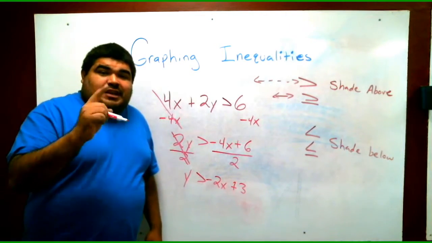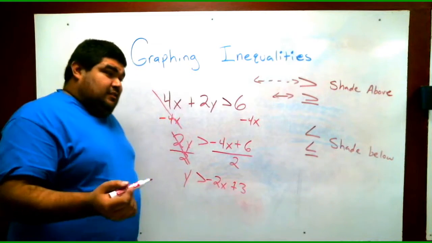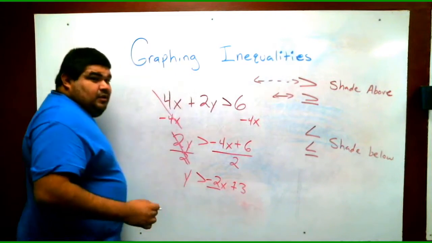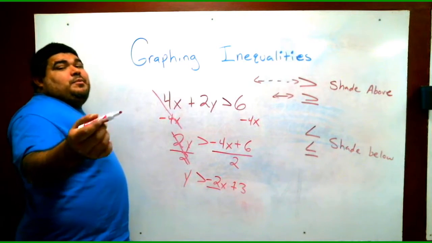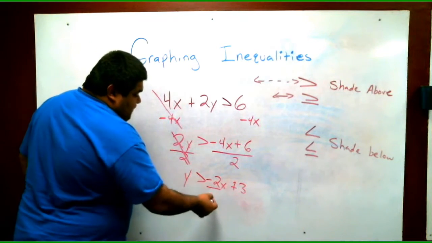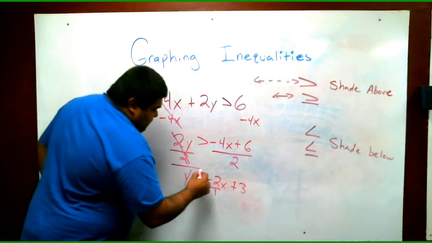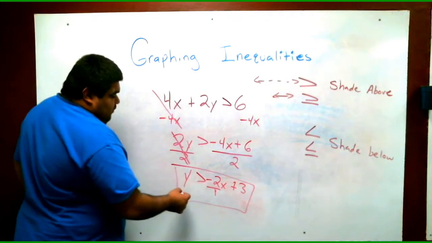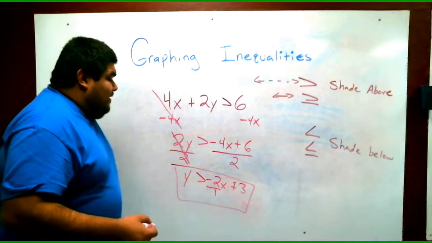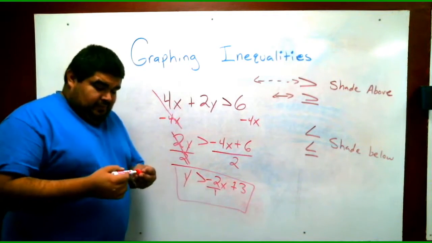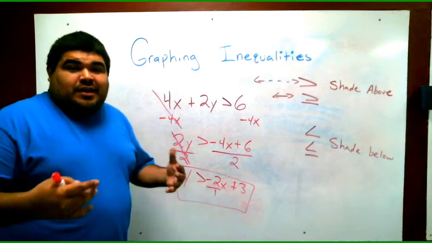We have one more step before we can actually graph it, and that step is to make the number next to the x, your slope, into a fraction, right? Because elevator, walk. Notice that it's a full number, so we do a 1. So our new equation is y greater than negative 2x over 1 plus 3. Now we can actually start graphing.